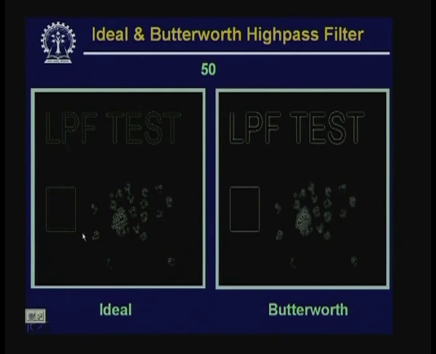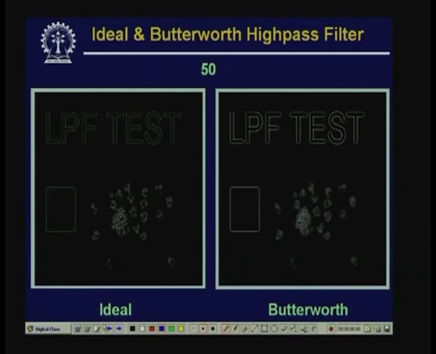If you closely look at the ideal filter output, you find that there are ringing effects around the boundaries, whereas in case of the Butterworth filter there is no ringing effect.